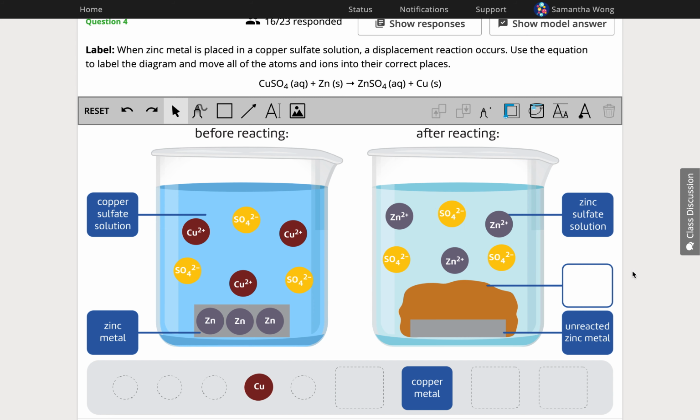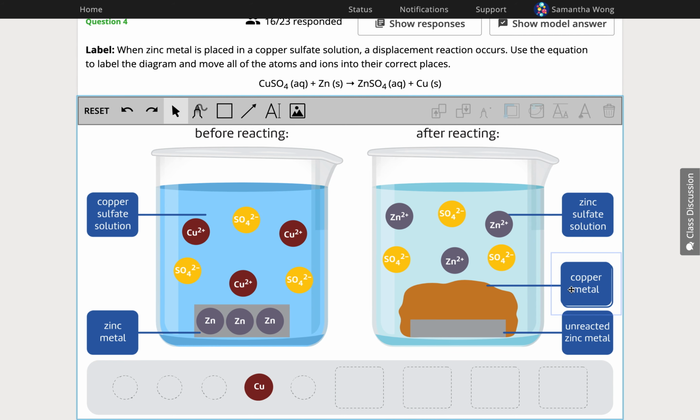Now, here we know that from the equation we end up with a solid piece of copper. So the only option available is our solid metal, which is our copper metal. And this grayish, orangish block, we are going to call our copper.